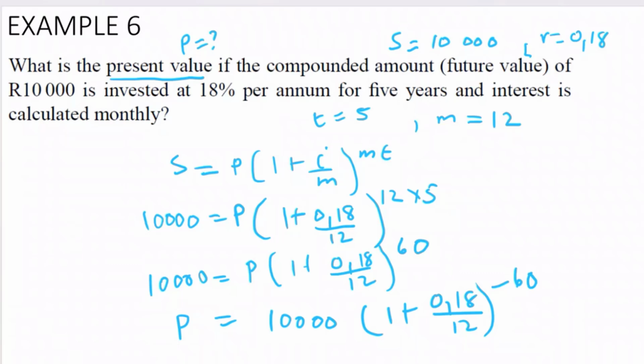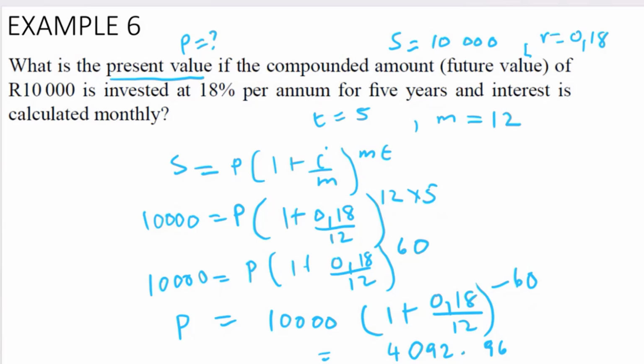So you plug into your calculator, you find that your P is going to be equal to 4092,96.